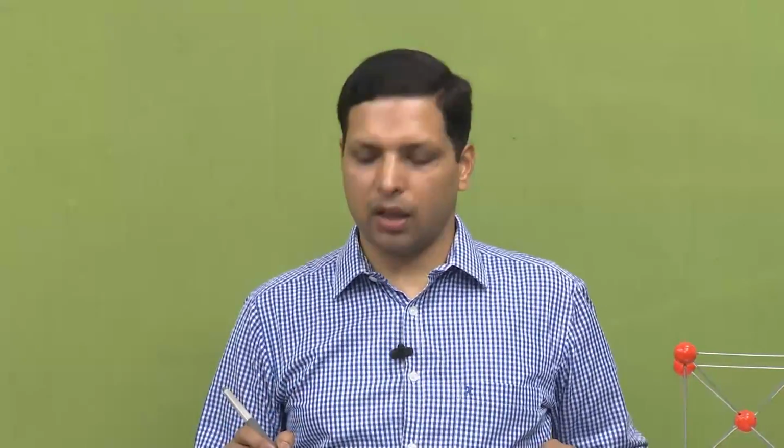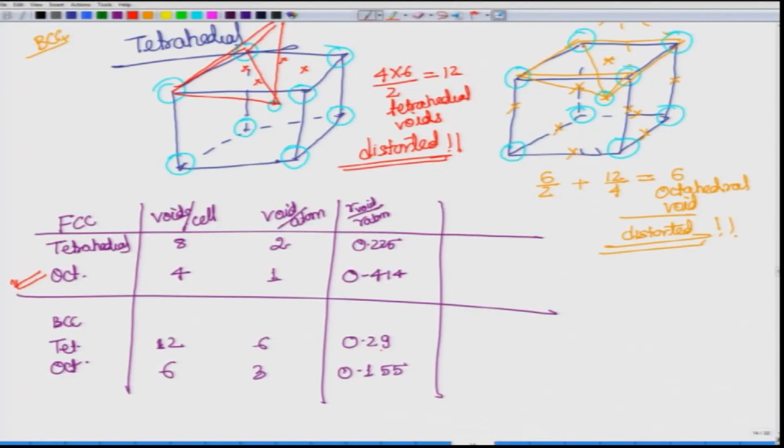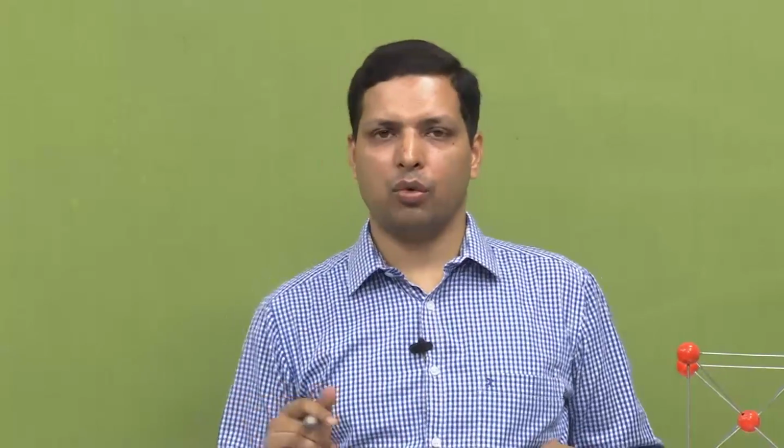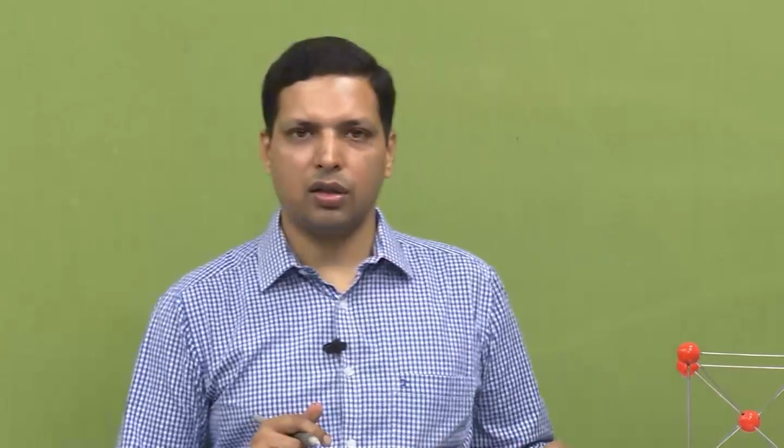In BCC, you would say that the tetrahedral voids should be preferred, because the sizes are larger and therefore, it will be easier, with less strain in the lattice. So, you would say this, but then I would say it is not true. What they prefer still is the octahedral one. So, we will extend this understanding in the next lecture, which will help us to understand more about this interstitial kind of impurity.